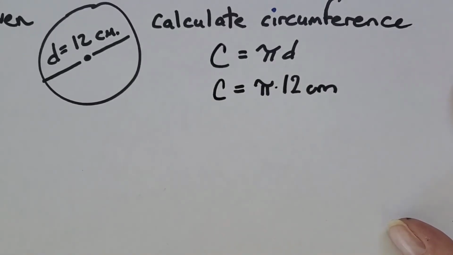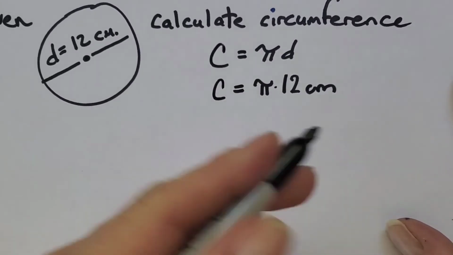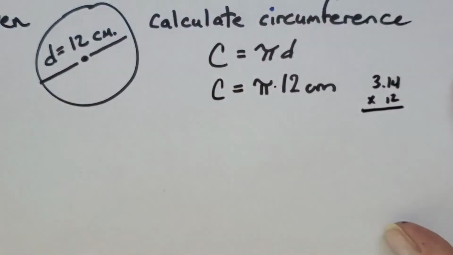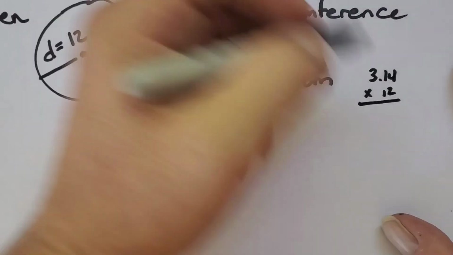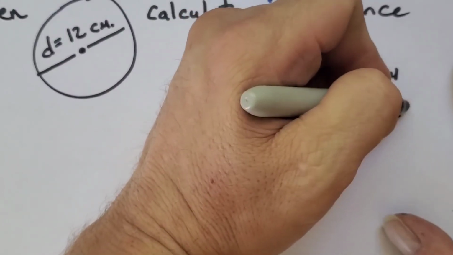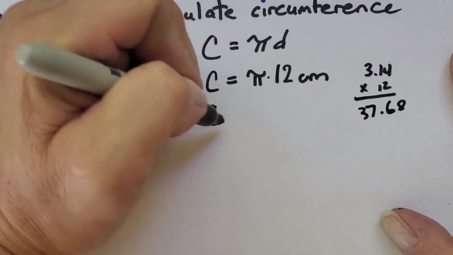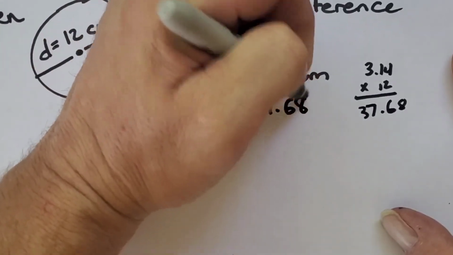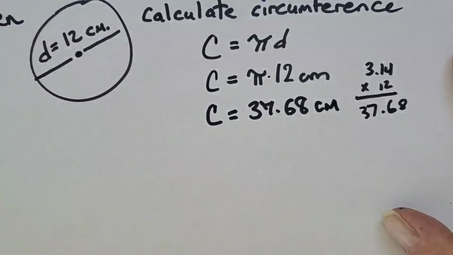And that will give us the answer that we need. If I do the math, 3.14 times 12, it's going to be right around 37.68. So my circumference in this case is 37.68, and the units in this case, centimeters.